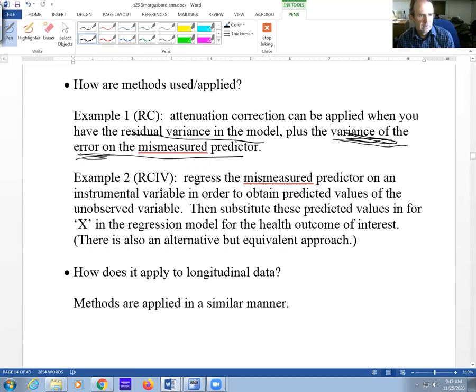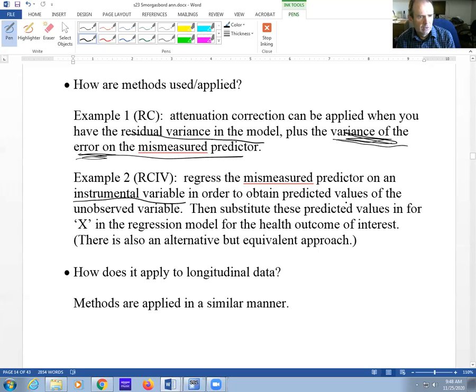But if you have this other situation where you actually have an instrumental variable, and that is essentially a variable that's linearly related to that predictor that's measured with error. It could be anything as long as it's linearly related to it. If you have that, then you have some instrumental variable plus a mismeasured predictor.